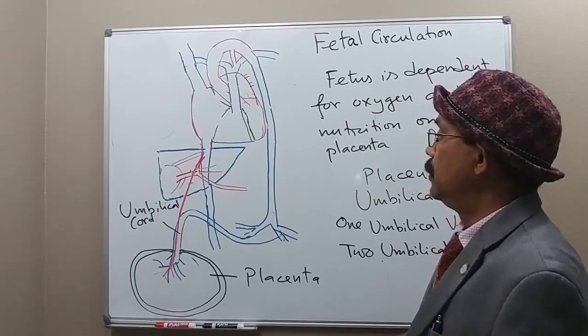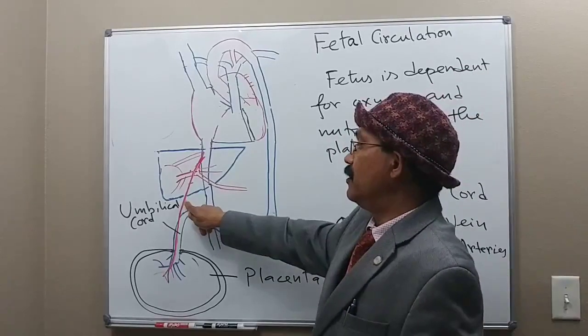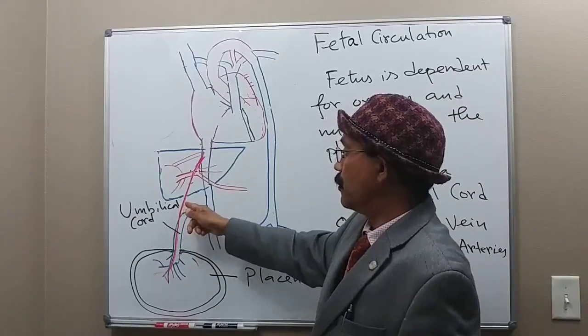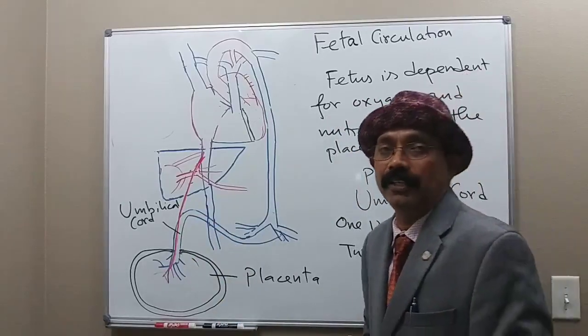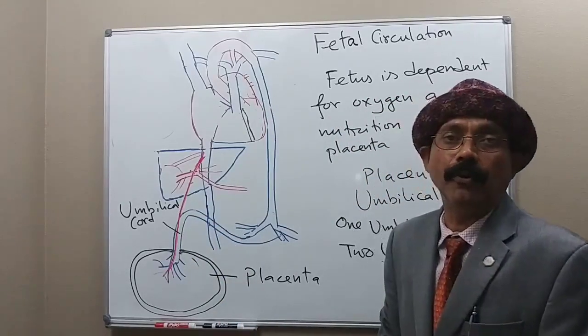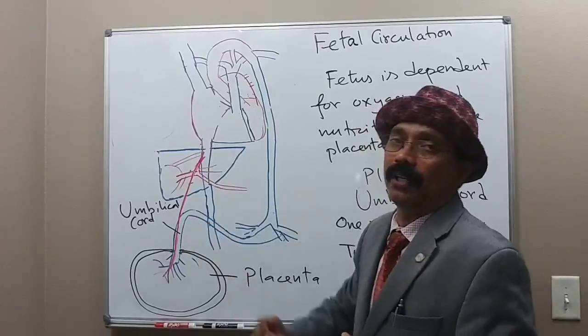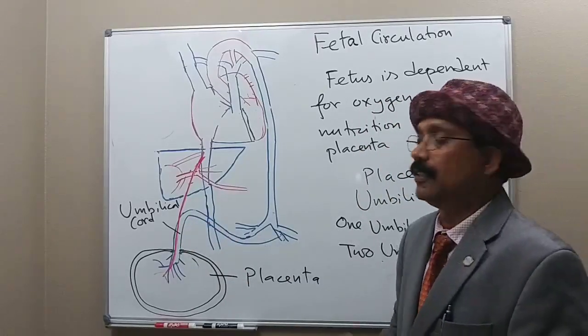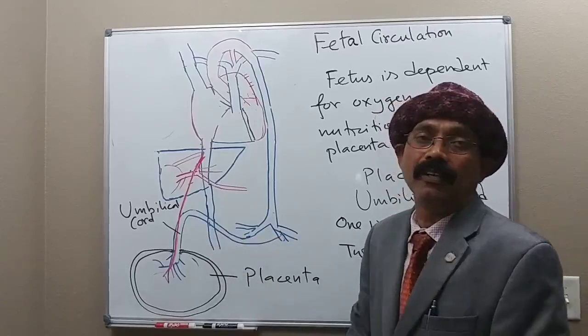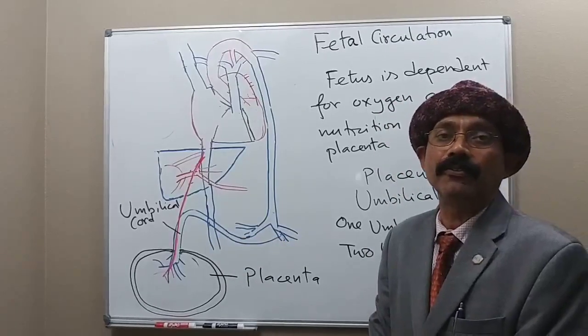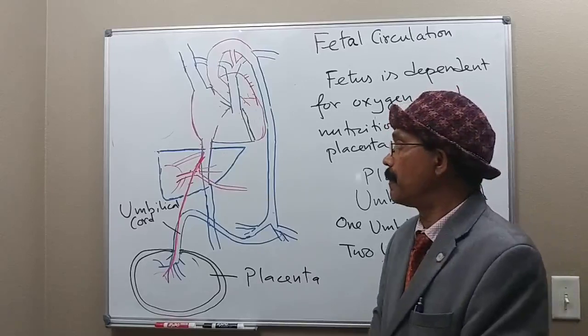The umbilical vein is drawn here in red, the idea being that it is rich in oxygen. The umbilical arteries are blue, indicating that they are carrying deoxygenated blood.